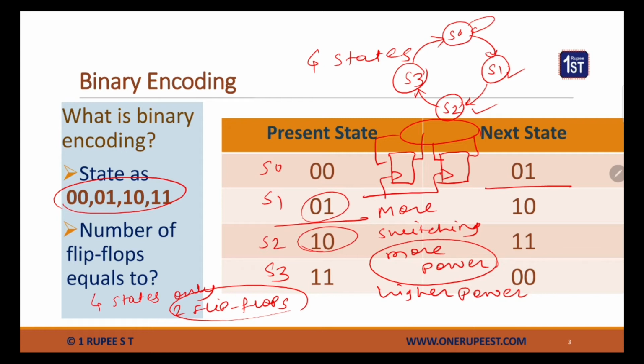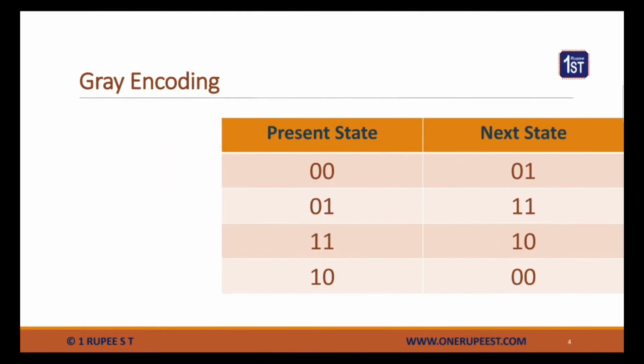So, as compared to gray encoding, we can say that this can have more area or higher power, and the register to register path limits the speed of my design. So I will not prefer binary encoding. So what is the best solution?